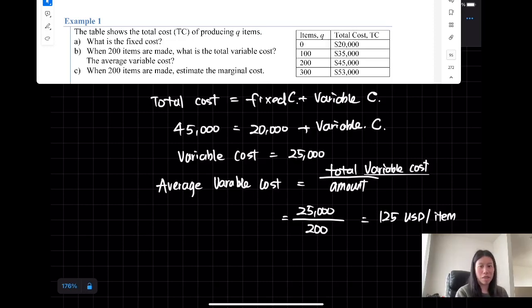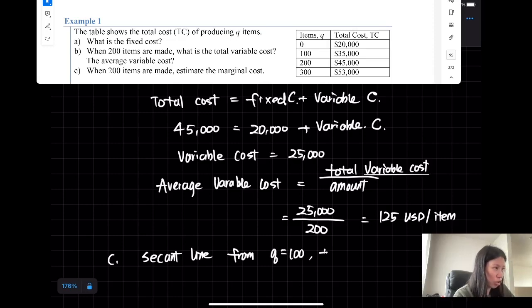Okay, so number 3 is, when 200 items are made, estimate the marginal cost. Well, to estimate the value of the derivative at 200, or the slope of the tangent line when the quantity equals 200, we need to find the secant from when you're making 100 products to 200 products.